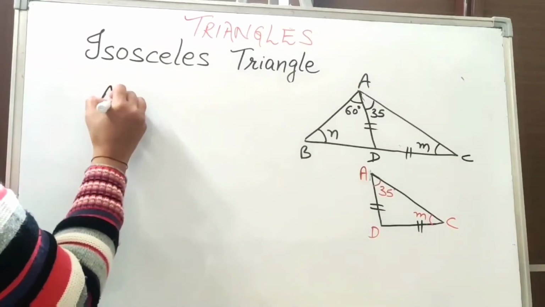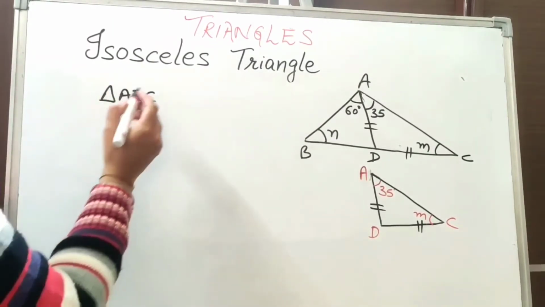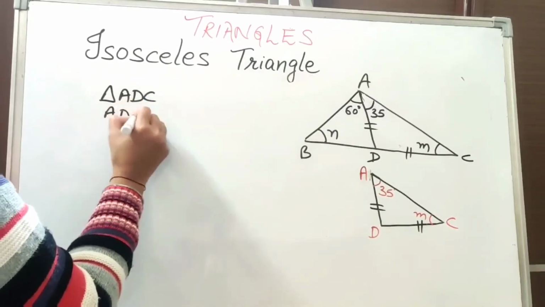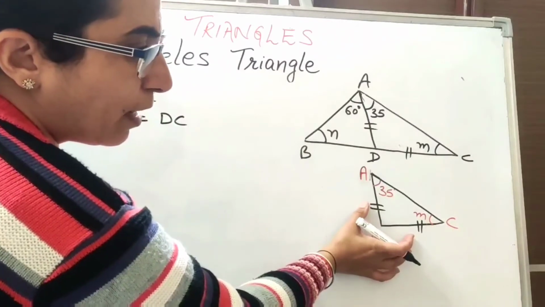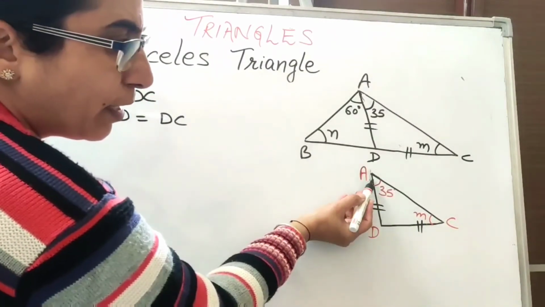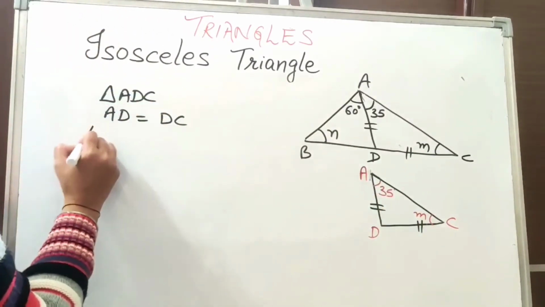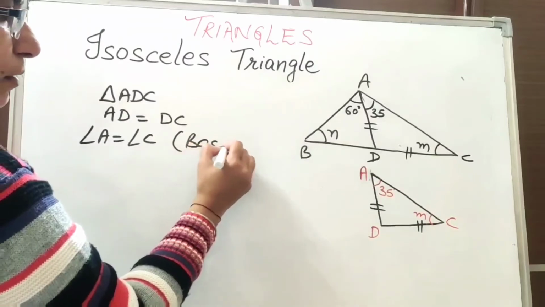So triangle ADC, first we will write the name of the triangle, and in this triangle AD is equal to DC. If these two sides are equal, then the angles opposite to these sides are also equal. That is why angle A is equal to angle C, and these are base angles.